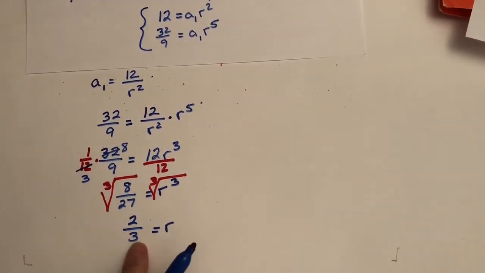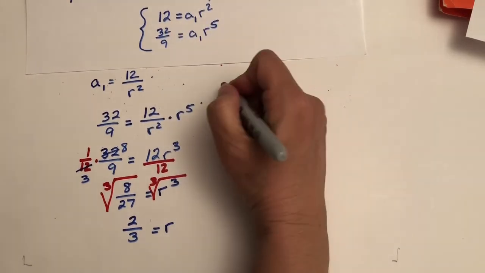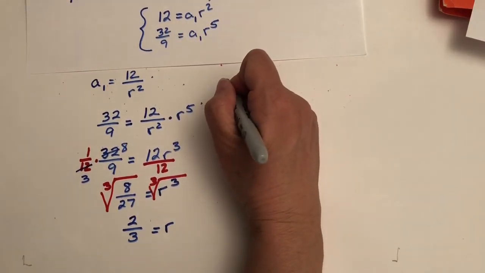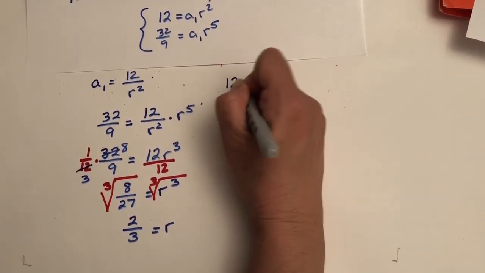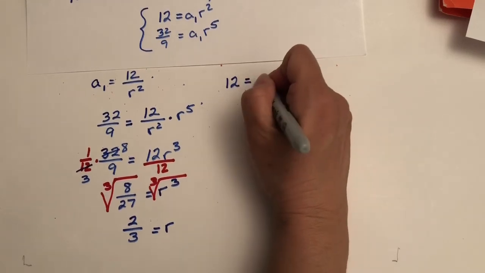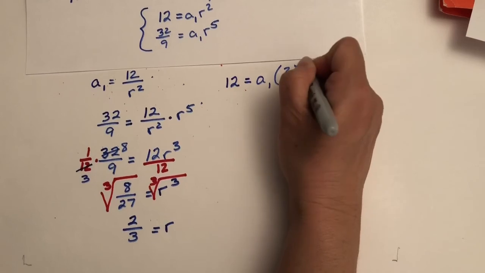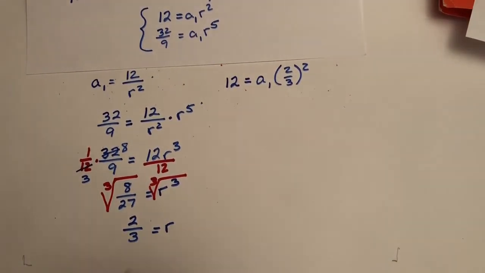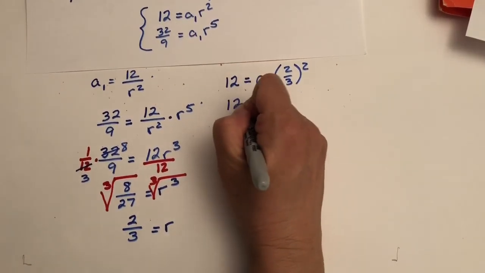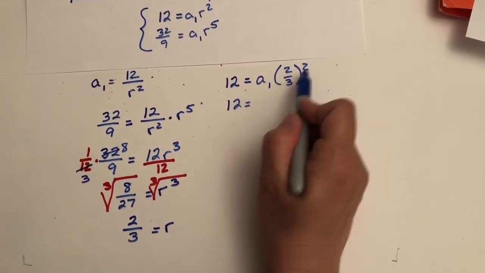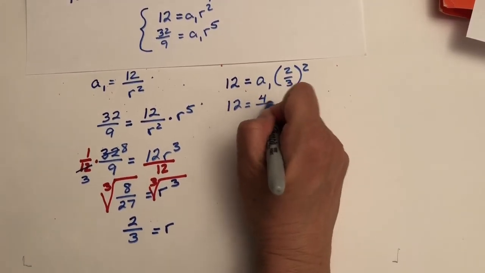So 2/3 is going back into one of our equations. Let's put it in that first equation. 12 equals a sub 1 times 2/3 squared. So we have 12 equals, let's see, 2/3 squared is 4/9.